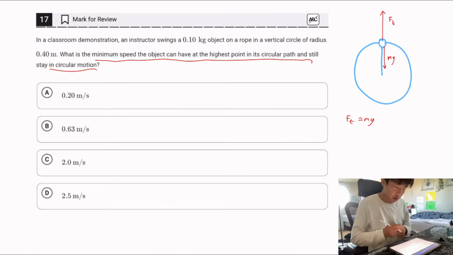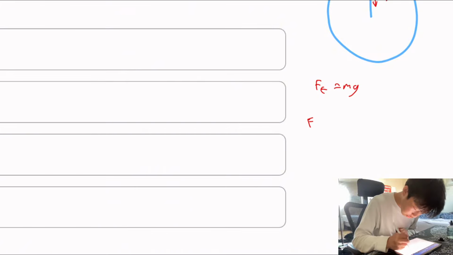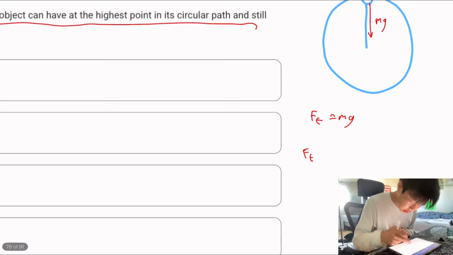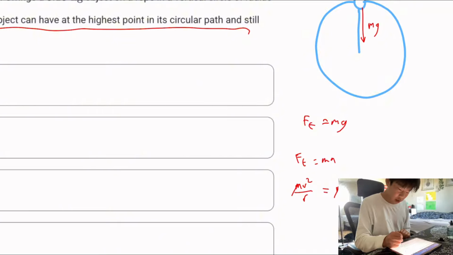So now what we need to do is we can find that Ft is the centripetal force, basically, because it's what's keeping it up. So Ft equals ma. Ma can be substituted as mv squared over r equals mg. Cancel out the m's. V squared over r equals g.